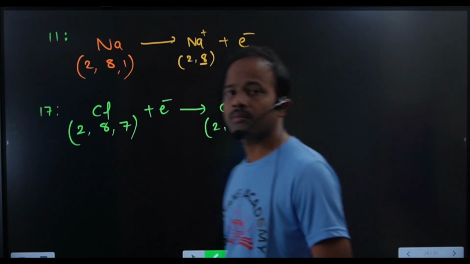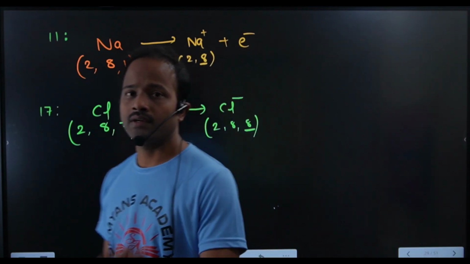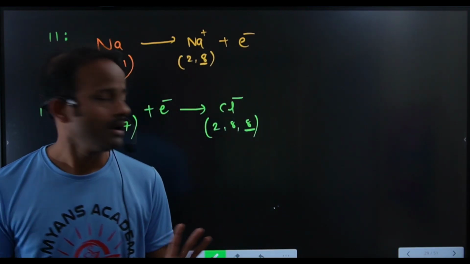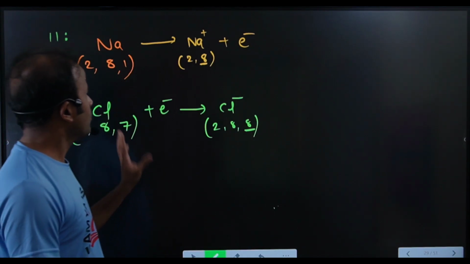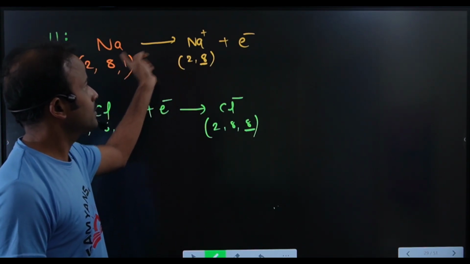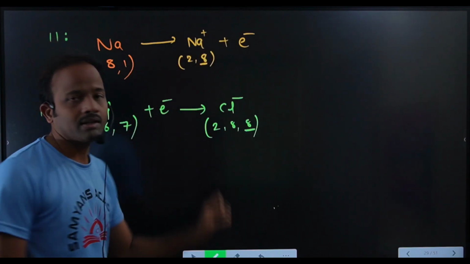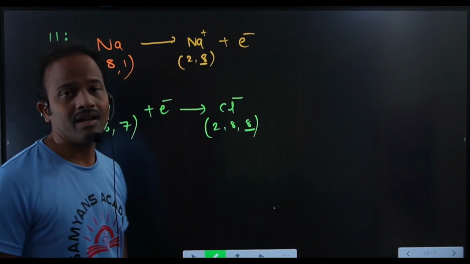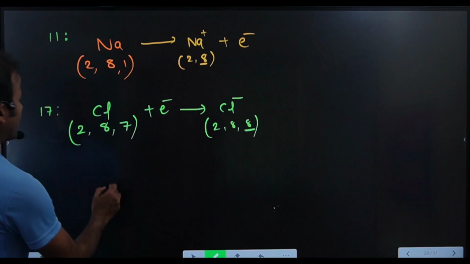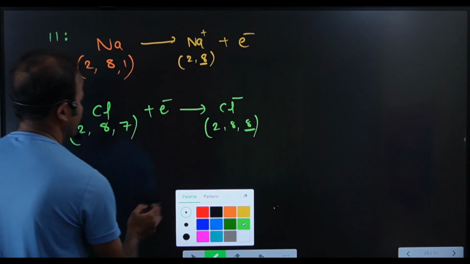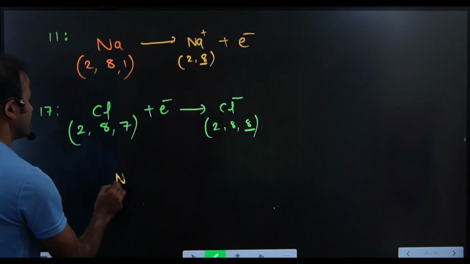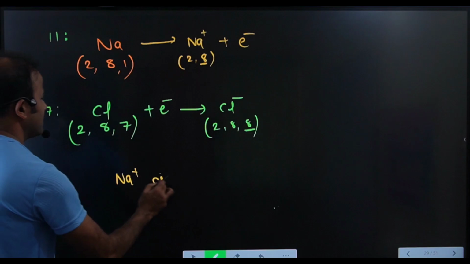Every atom tries to get the 8 electron configuration in its last shell. That is a stable configuration. Because of this, sodium after losing 1 electron forms the Na plus ion, and chlorine after gaining the electron forms the Cl minus ion, and these two ions combine with each other and form the ionic compound that we call NaCl.